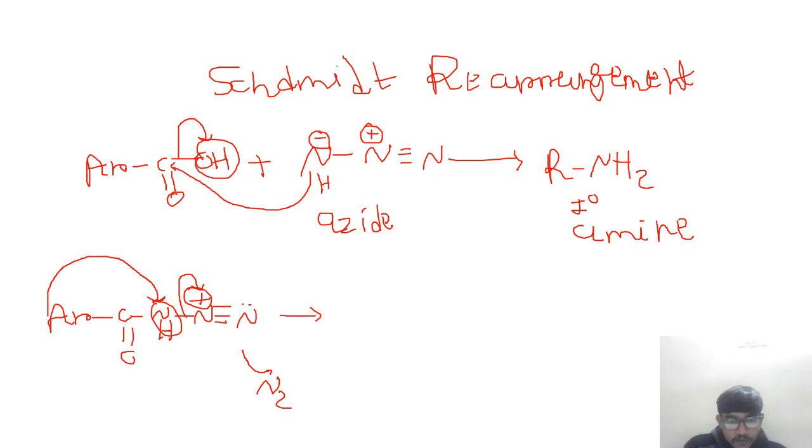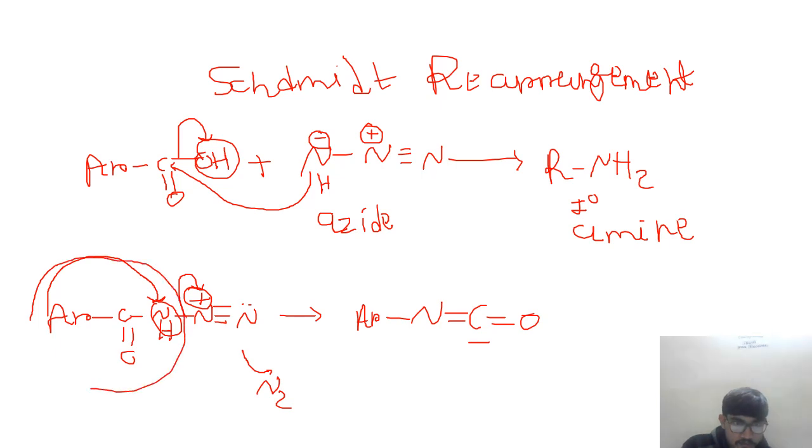Here you can see that valency is satisfied, because this entire group is going under rearrangement, and it forms the group like this.